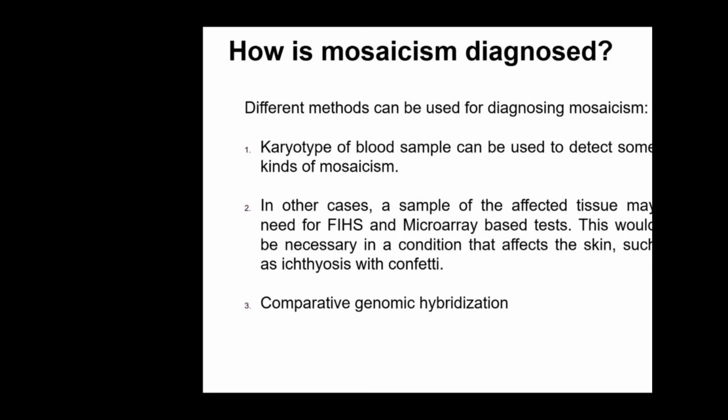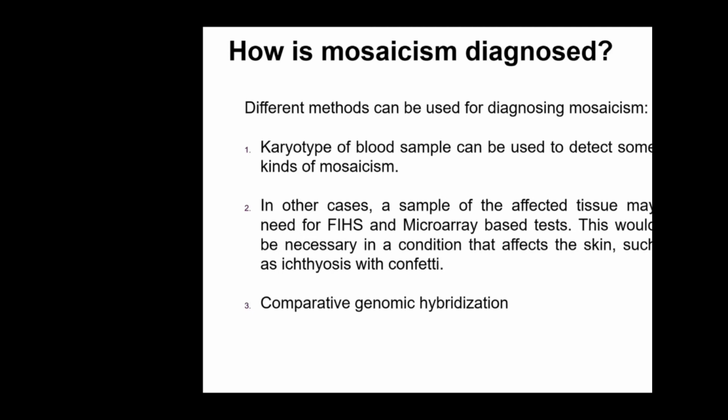How is mosaicism diagnosed? There are different methods which can be used for testing or diagnosis of mosaicism. First, a simple karyotype of a blood sample can be used to detect some kinds of mosaicism. Others include FISH and microarray-based tests.